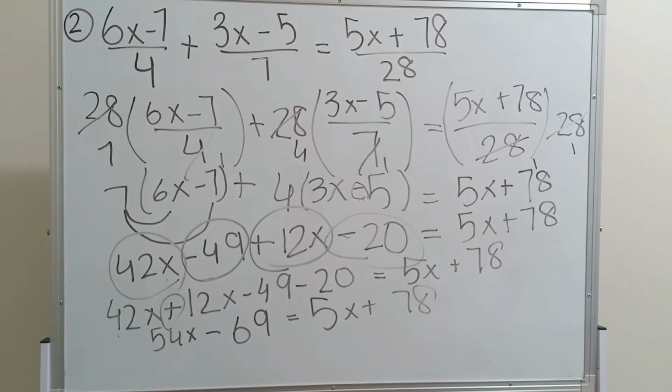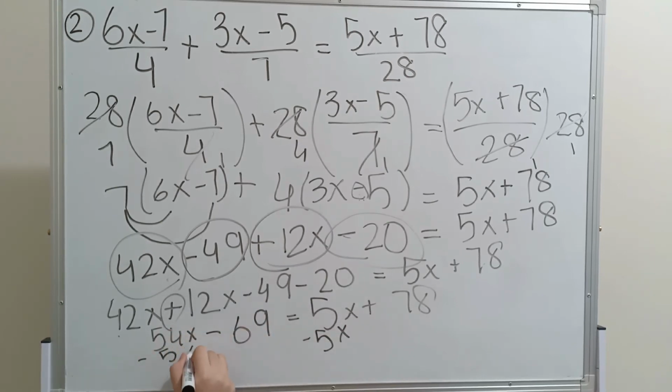So now what we are going to do is we are going to first subtract 5x from here because only the variables here. So subtract 5x and subtract 5x. So if we subtract 5x, we'll get 49x subtract 69 equals 78.